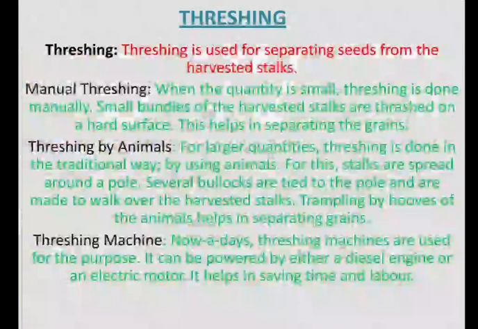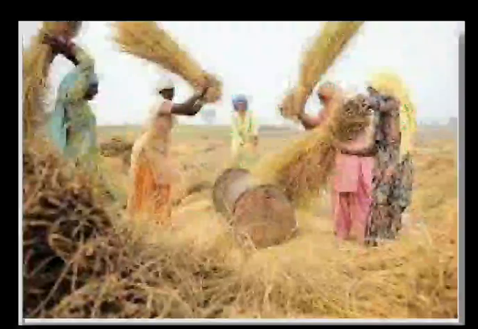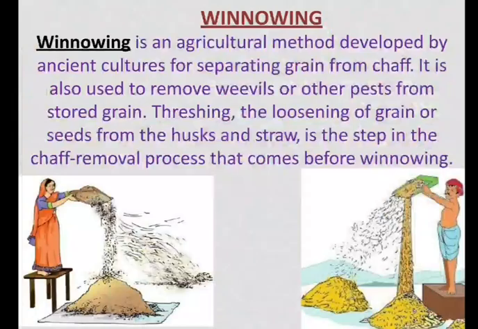Last but not the least, we have threshing by machines. Nowadays, threshing machines are used for the purpose. They can be powered either by a diesel engine or an electric motor. So the next separation technique is winnowing. Winnowing is the method of separating components of a mixture.